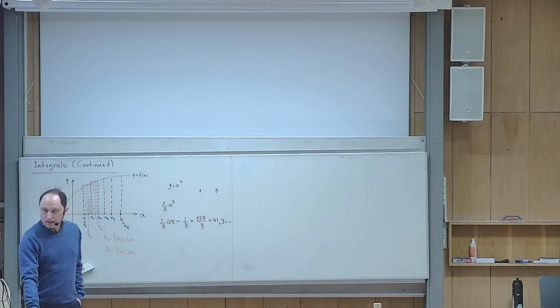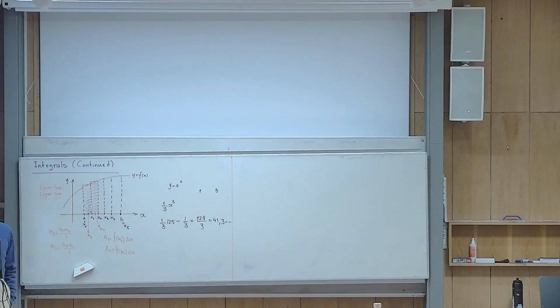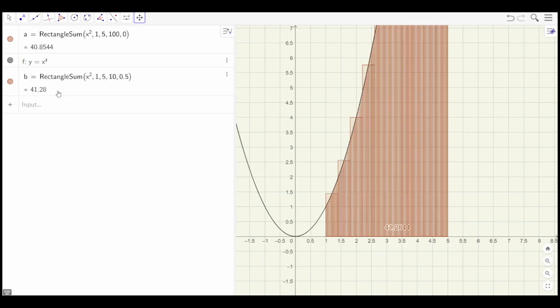So you see that, for example, here, because of the behavior of the function, if I want to reach this number, with still 10 repetitions here, I am getting a better value. So here, the strategy I described before was easier from a pedagogical point, but you see that I have to do it 100 times to approach 40.85.